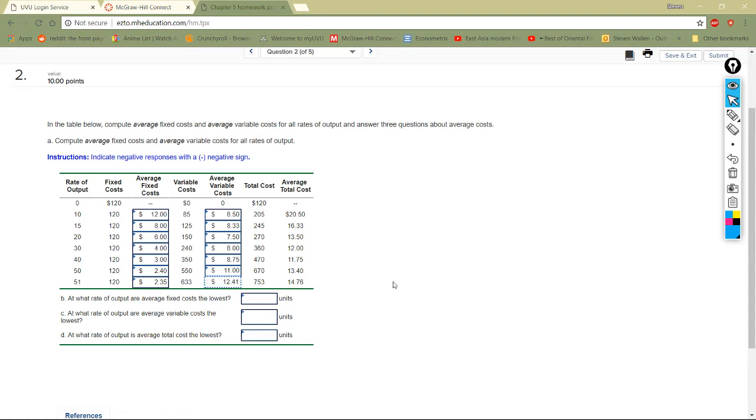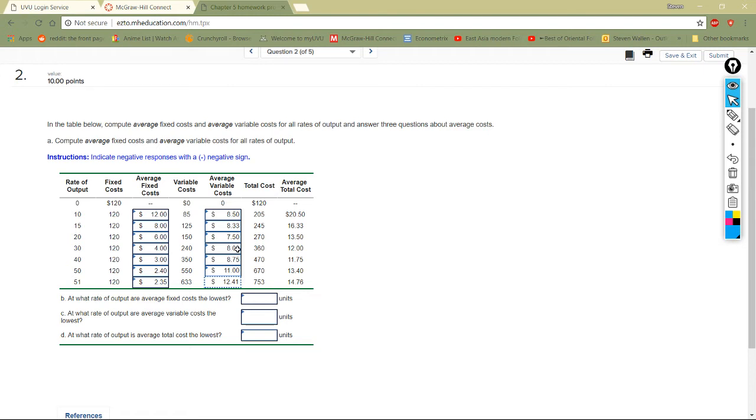Okay. Now, the thing that's interesting in this variable cost is it starts out at 8.50, and then as we're increasing variable costs, we're kind of reaching this economy of scale, right? We're like, okay, now it's 8.33, then it's 7.50, and then whoop, what happened? It starts going back up again, okay? That's where it costs more. So maybe now you have to pay overtime for your variable costs.